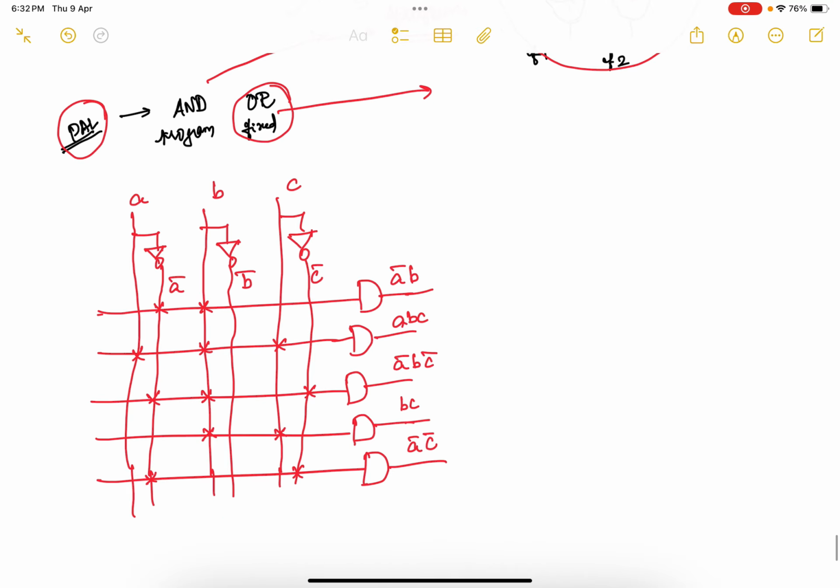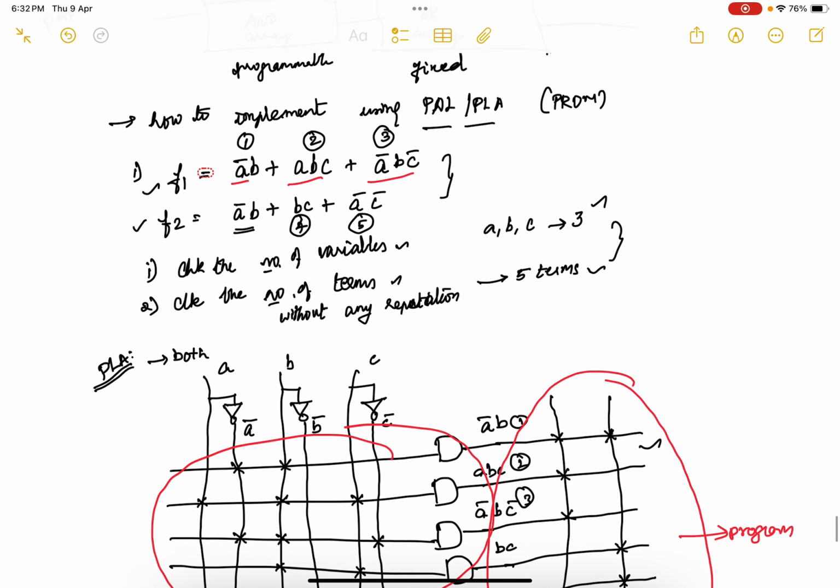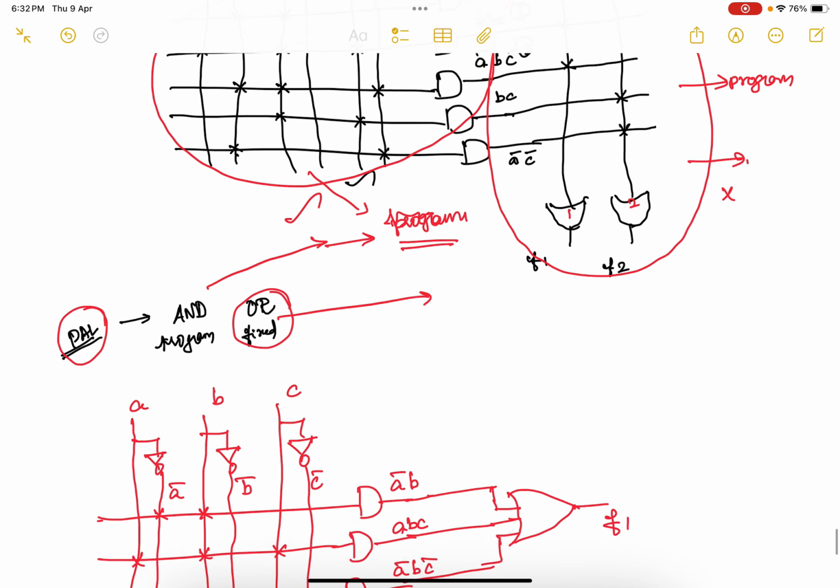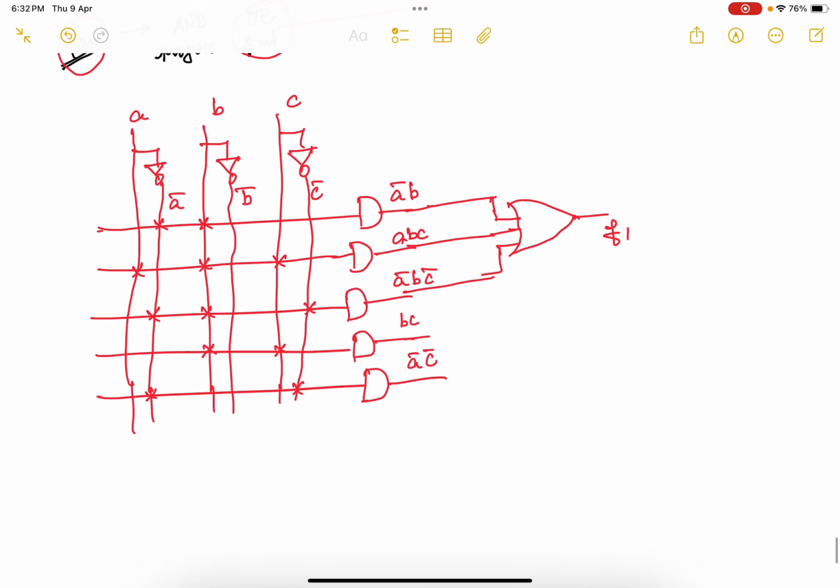Okay, so I am going to connect all the 3 things in a single OR gate, which is going to produce your output as F1. And similarly for your F2, A bar B is there. So from this A bar B, I am taking one lead.